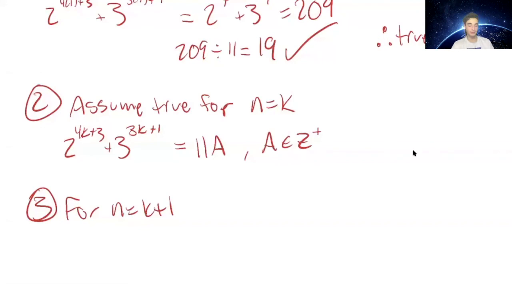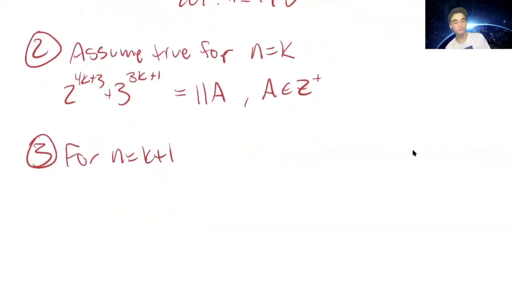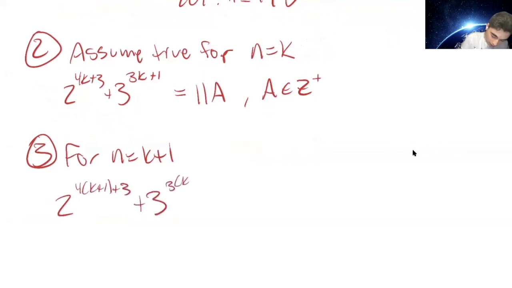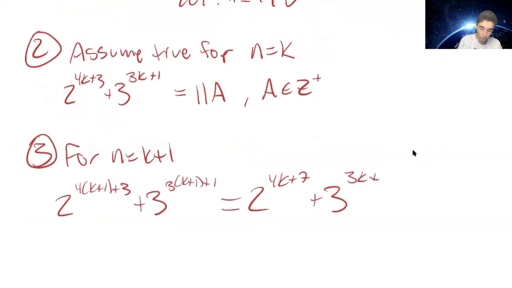All right, we're back. So now for n equals k plus 1, we have 2 to the 4 times k plus 1 plus 3 plus 3 to the 3 times k plus 1 plus 1. Now, what is this really equal? 2 to the 4k plus 7 plus 3 to the 3k plus 4.